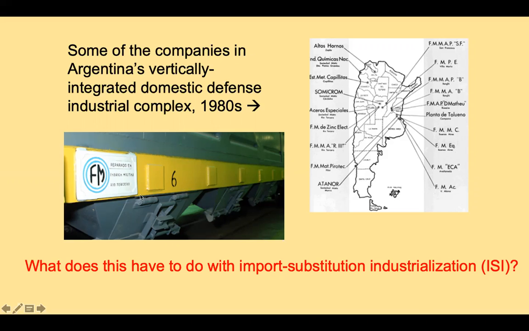And you would then see the word fabrica militar or fabricaciones militares, military factories, all over, because those were the institutions and organizations of the state involved in the production of defense goods and steel and petrochemicals.